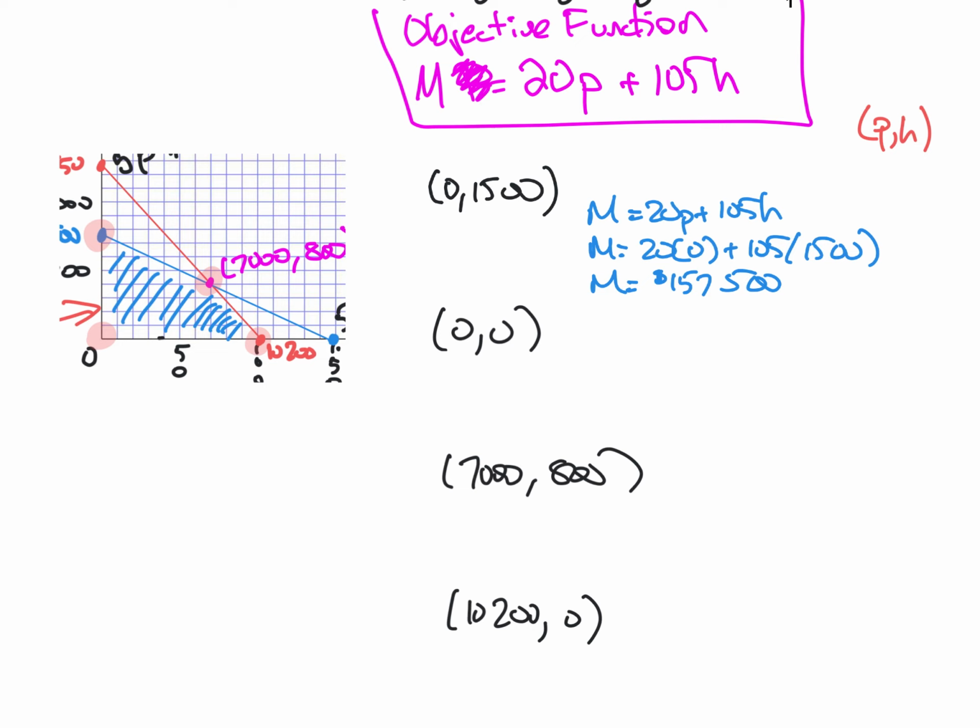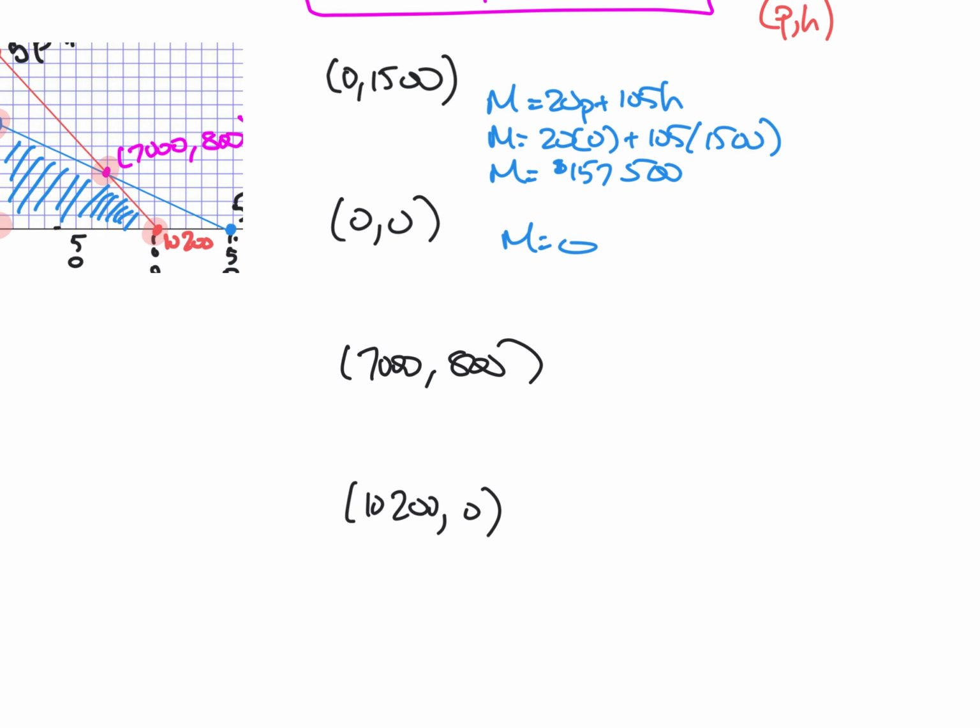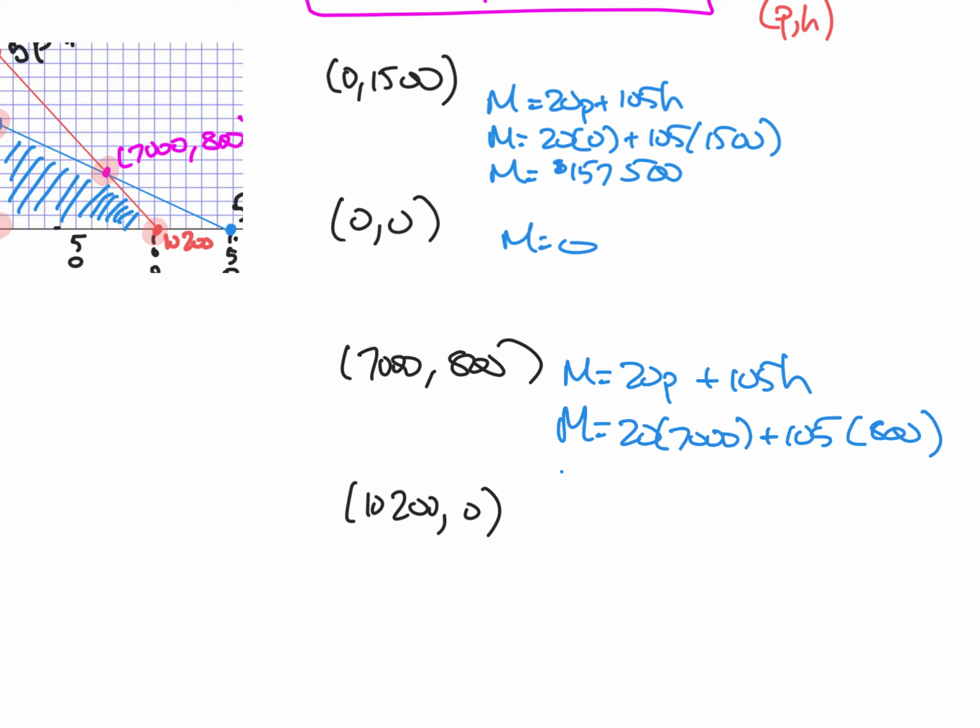The second point is pretty straightforward. If they don't bring any hoodies and they don't bring any programs, how much money are they going to make? 0. You don't have to do that one. 7,800. Let's see if that one is better than the first one. So it's going to be 20 times 7,000 plus 105 times 800. 20 times 7,000 would be 140,000, if my math is okay.